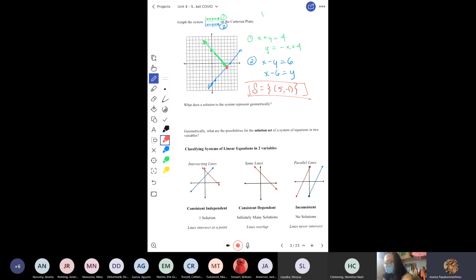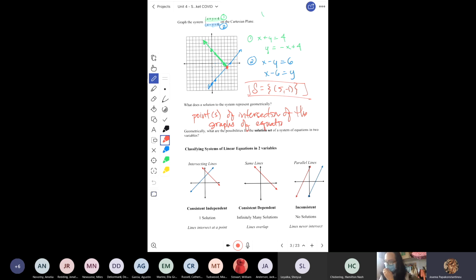So what does a solution to the system represent geometrically? It is the point or points of intersection of the graphs of the equations in the system.